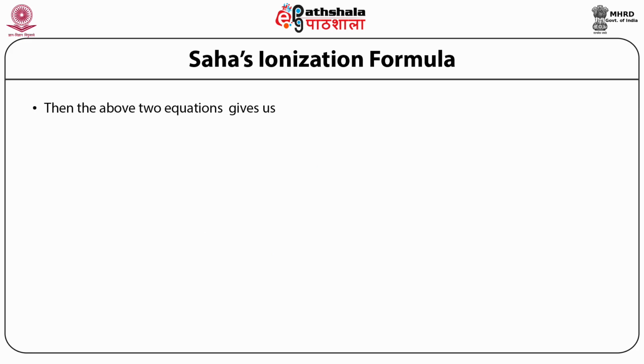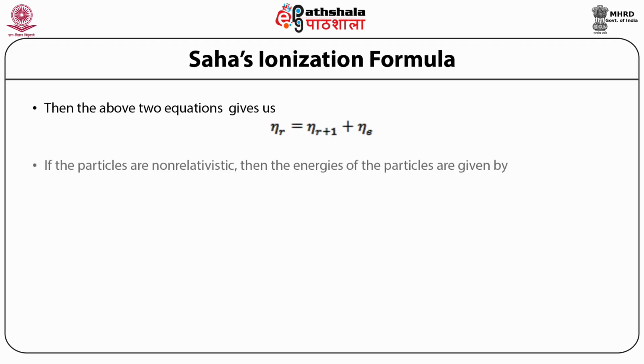Then the above two equations give us eta_r equal to eta_(r+1) plus eta_e. If the particles are non-relativistic, then the energies of the particles are given by E equals P squared divided by 2 m_e. Then E_(r,i) can be written as P squared divided by 2 m_r plus xi_(r,i).